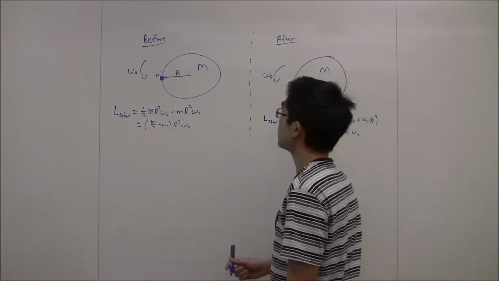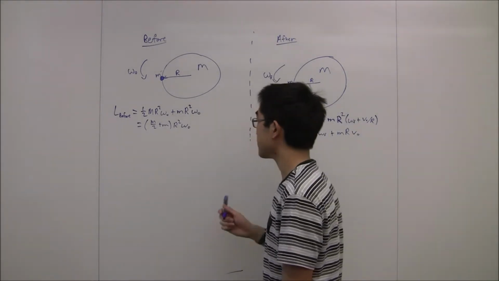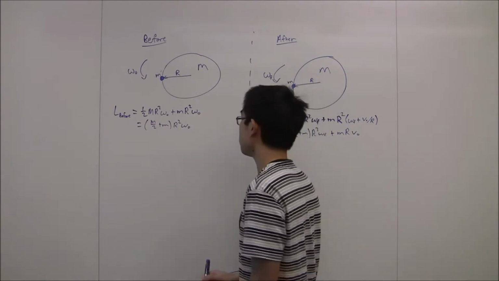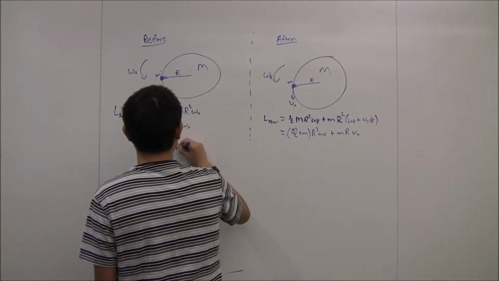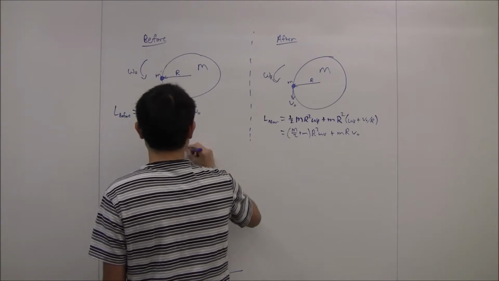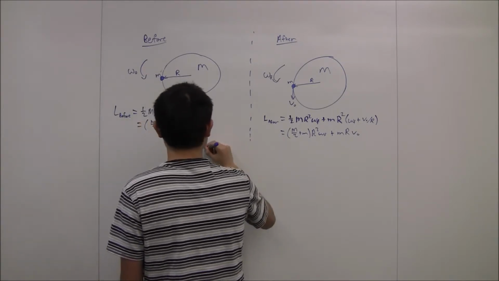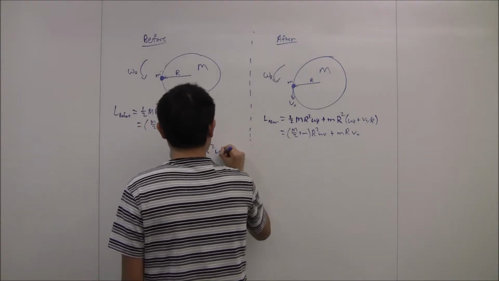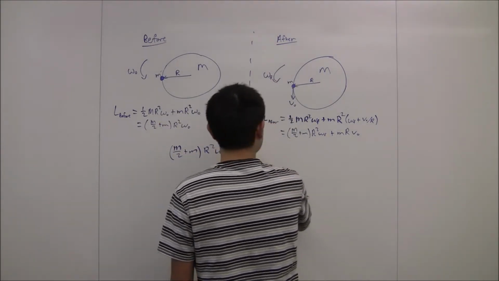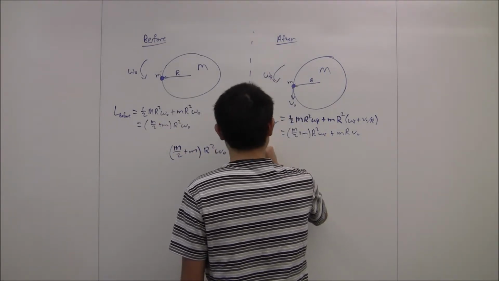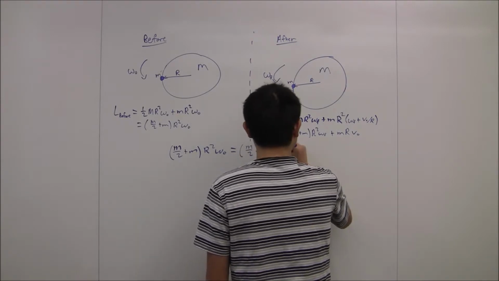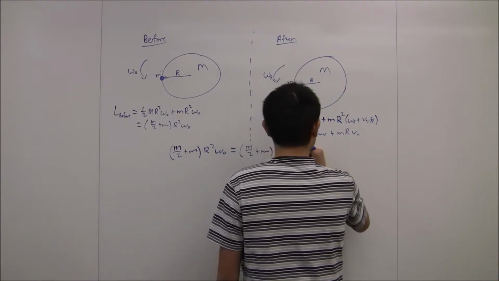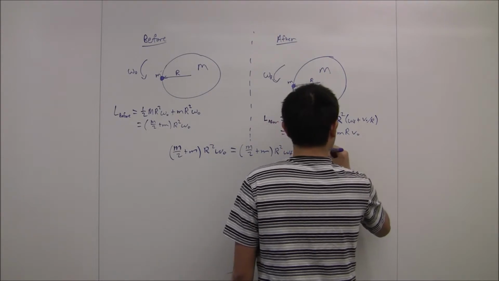So since we know that angular momentum is conserved, then L before equals L after. So if we equate the two equations, we get that big M over 2 plus little m times big R squared times omega naught is going to be equal to big M over 2 plus little m times big R squared times omega f plus m times big R times v naught.